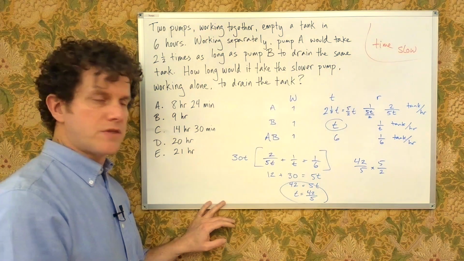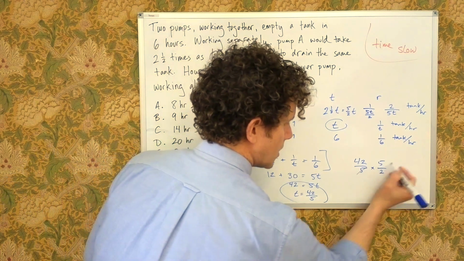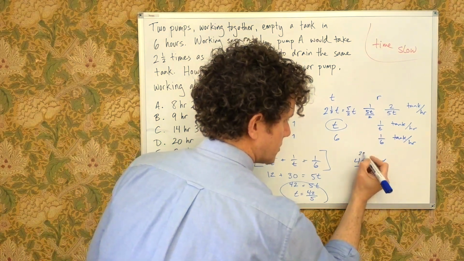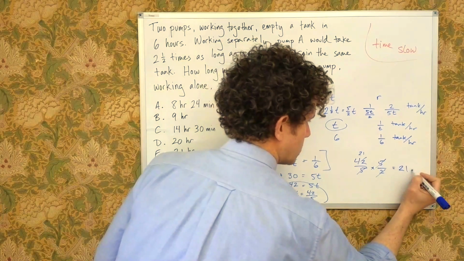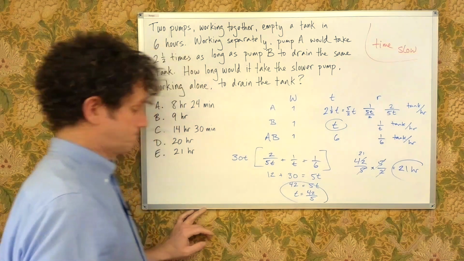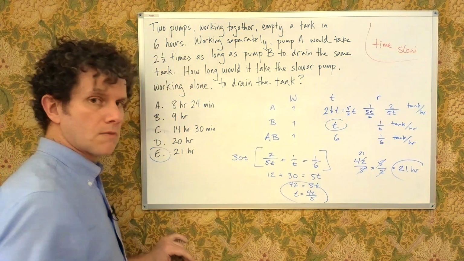And son of a gun, if these numbers don't work out very conveniently, 5s cancel, 2 goes into 42, and we have 21 hours for the slow one. And we're happy people.